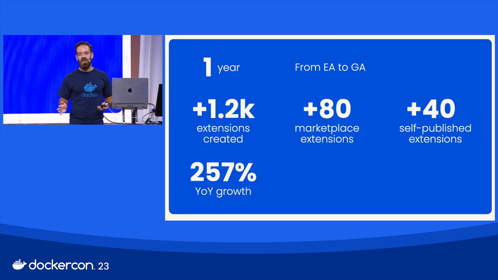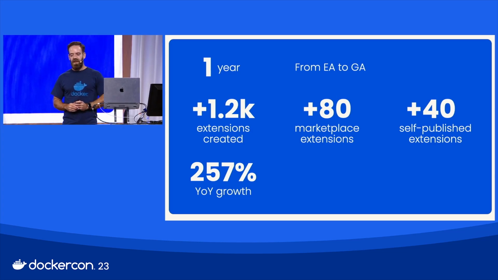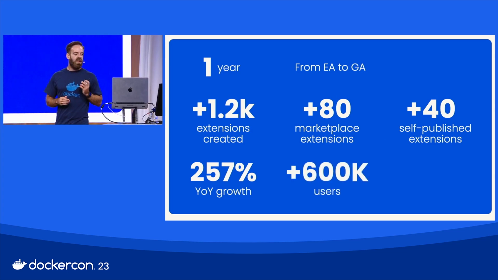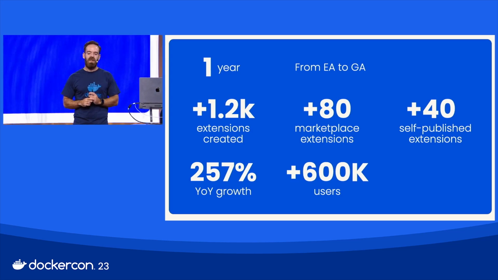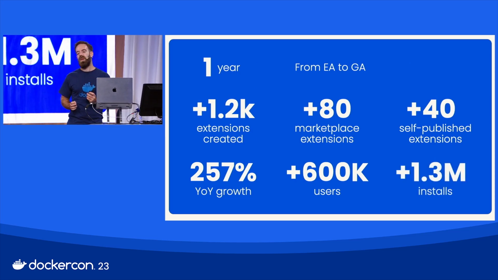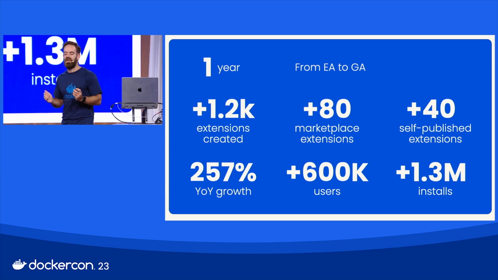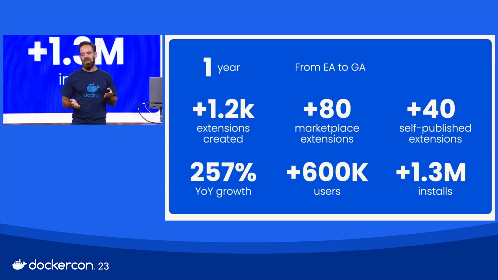This is a huge milestone for the team. And in this year, we've had also 600,000 users that have used at least one extension, which is amazing, again. And all those users have installed more than 1.3 million installs. This talk, the name was From 0 to 1 million, but this was at the time that the talk was submitted.